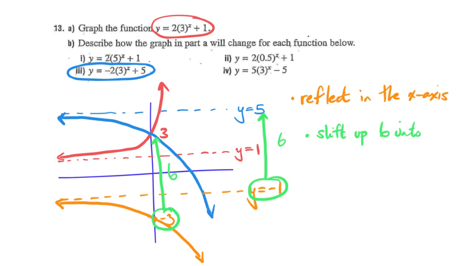Okay, this one is different for you. But the reason why it's different is because this is probably one of the first times where you've ever had to deal with the transformations to an already transformed graph. In particular, what caused the wrinkle? The fact that my base function was shifted vertically.